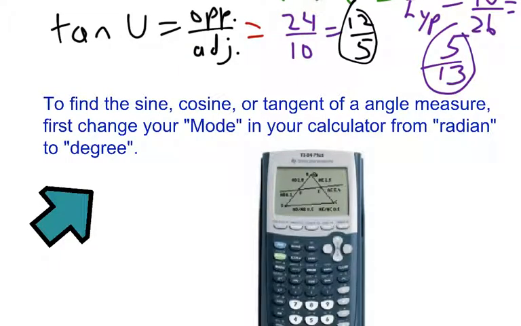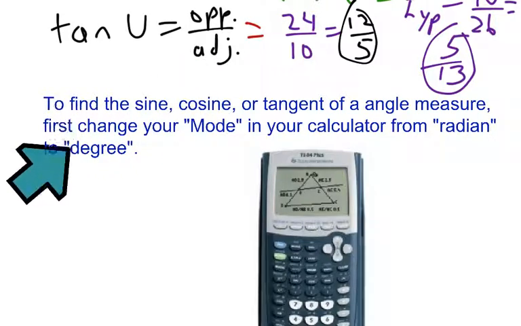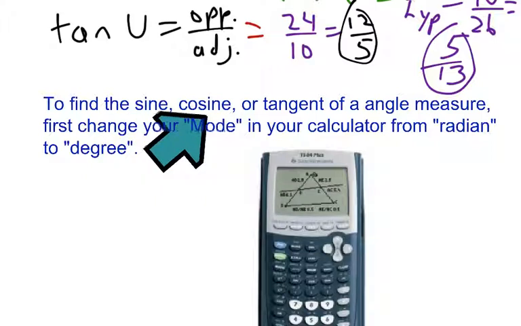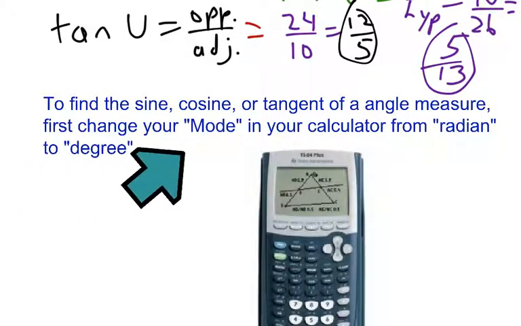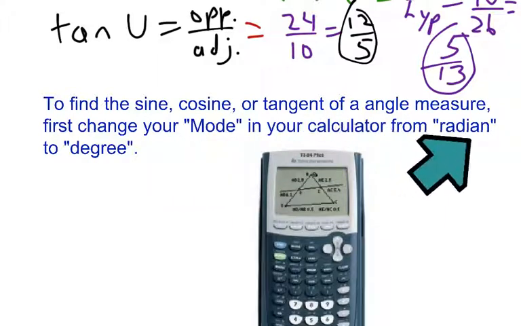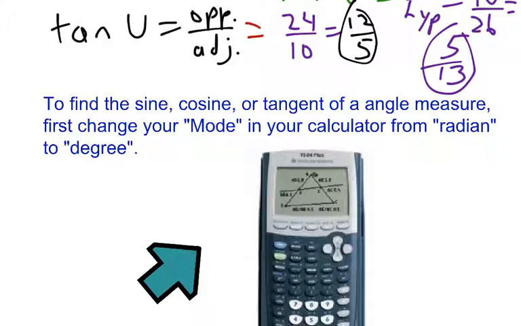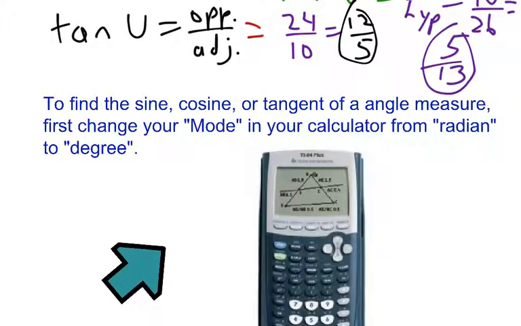All right, now that we know about the ratios, let's talk about the angle measurements. To find the sine, cosine, or tangent of an angle measure, first change your mode in your calculator from radian to degree. All right, now the mode button is this one right here. It's right next to the second button.